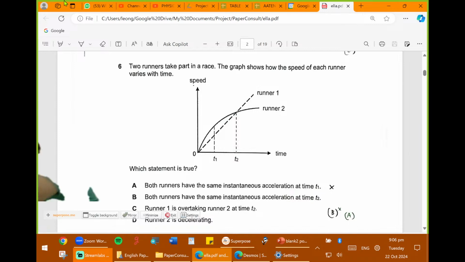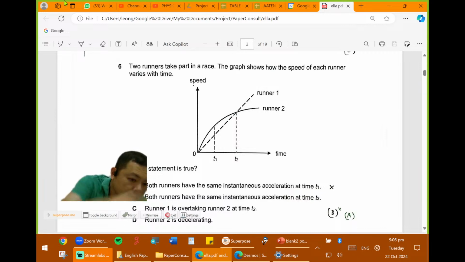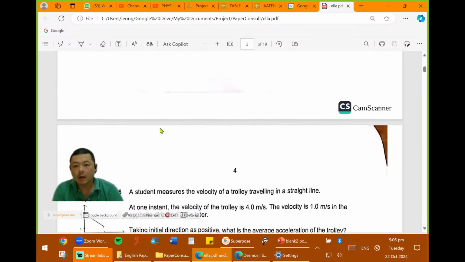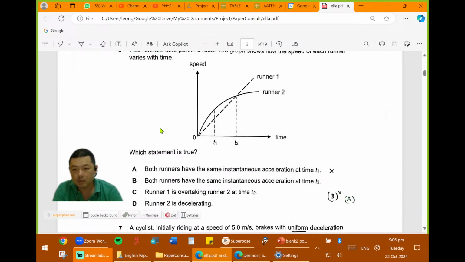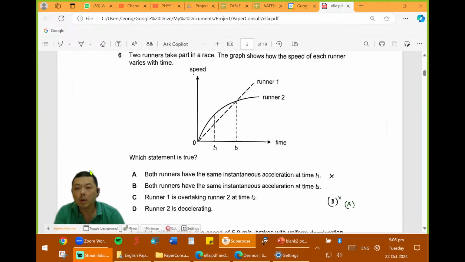Just connect it now. Okay. Hang on. This one here is it?